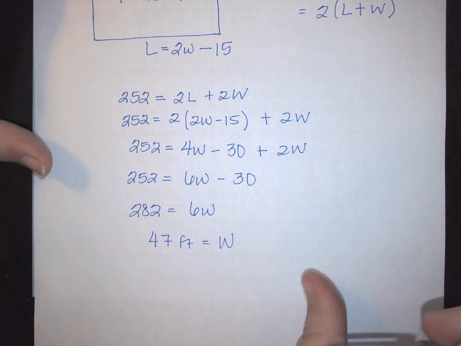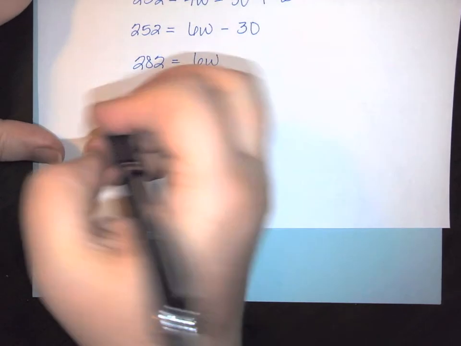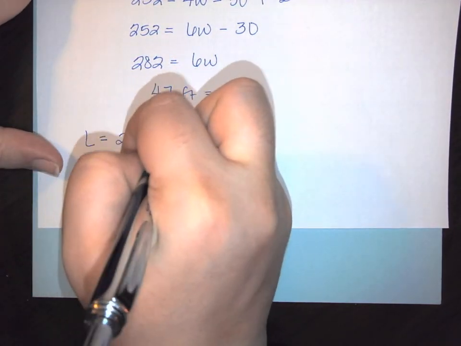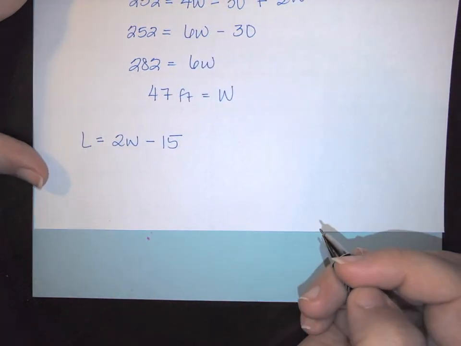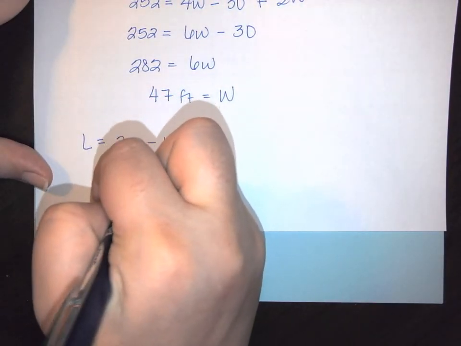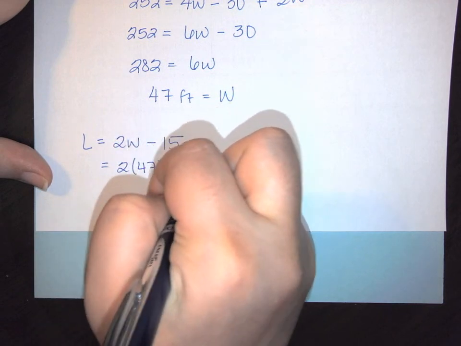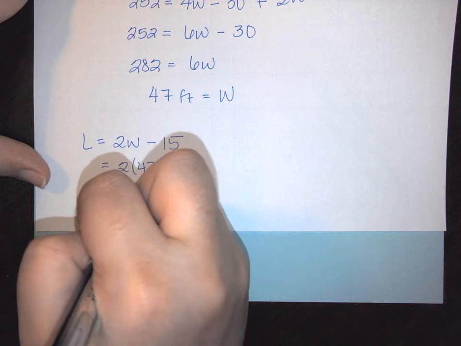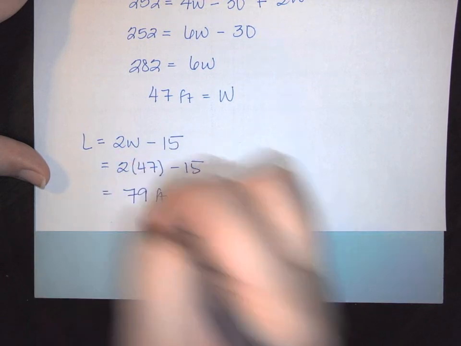Once you know my width, you can find your length. So if we remember, your length was equal to 2w minus 15. My width is 47, so this is going to be 2 times 47 minus 15. And this here is going to give you 79 feet.